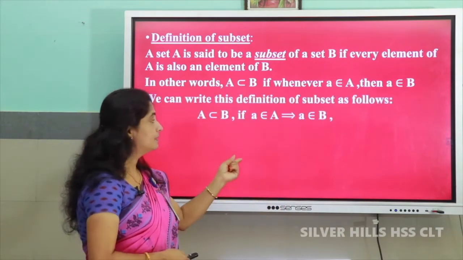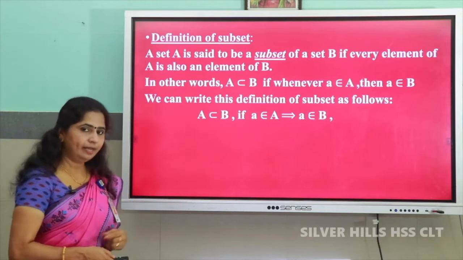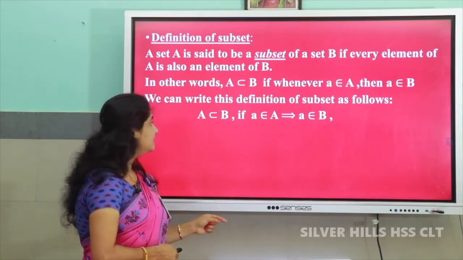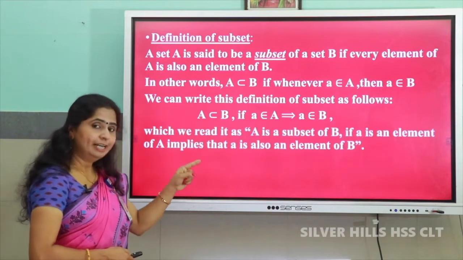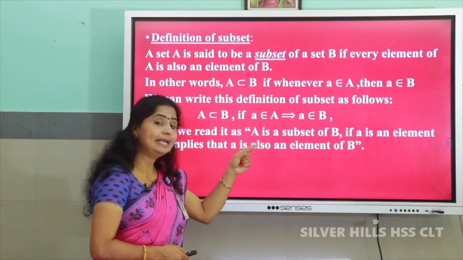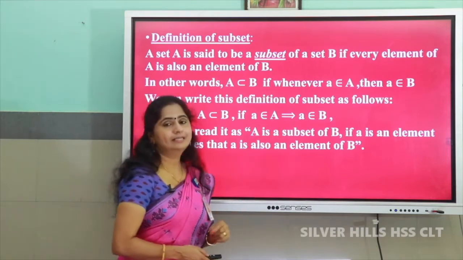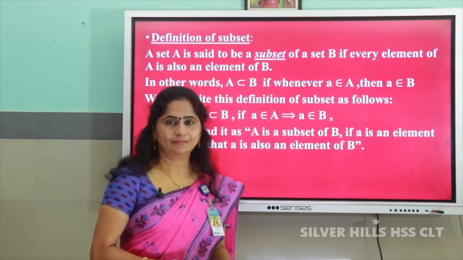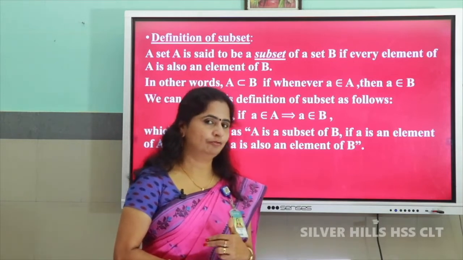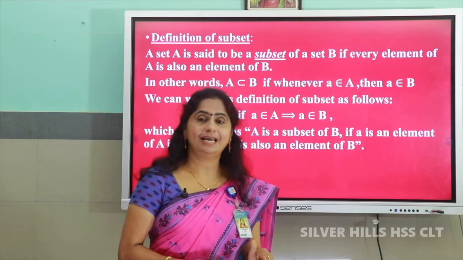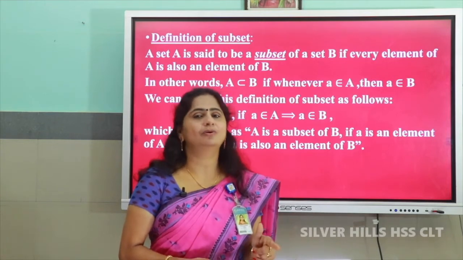This can be expressed symbolically in this way, which can be read as A is the subset of B if a belongs to A implies a belongs to B. So this symbol is called implies.